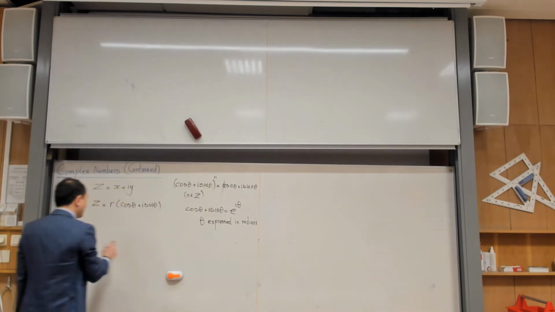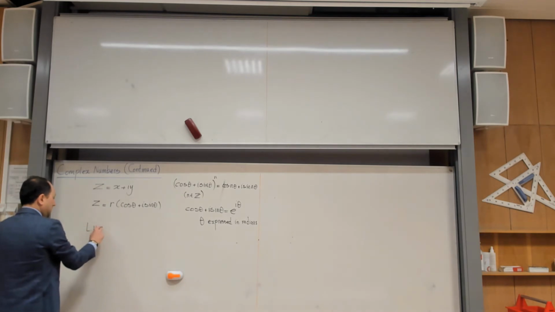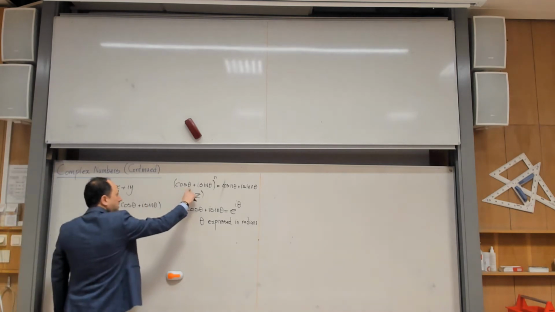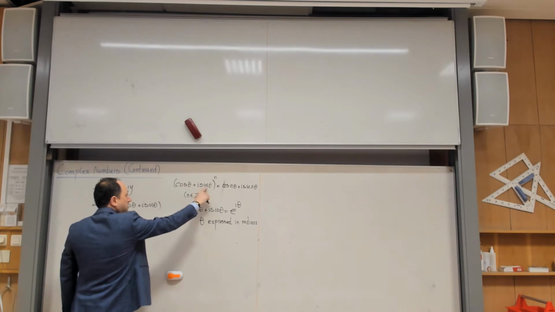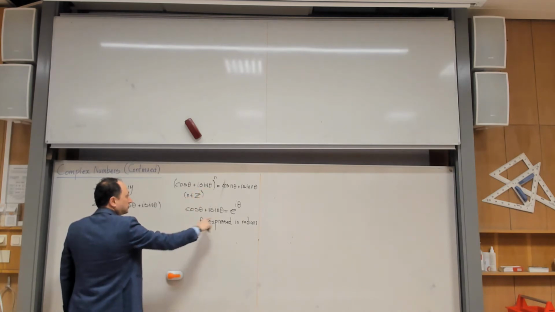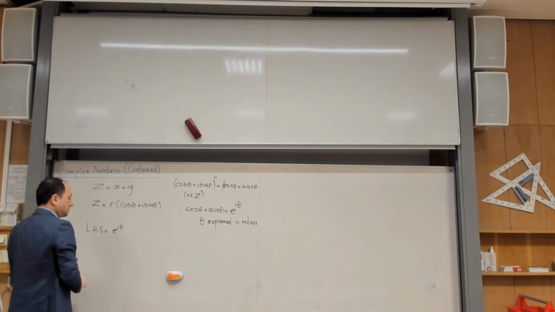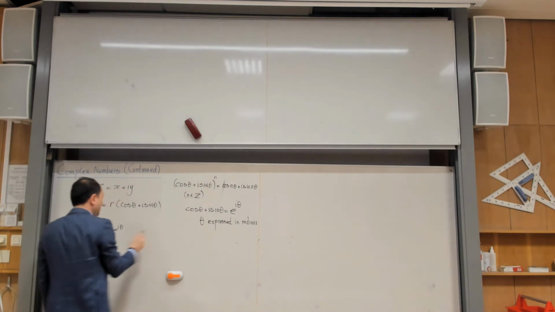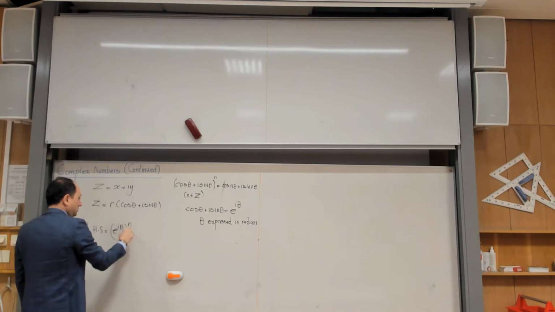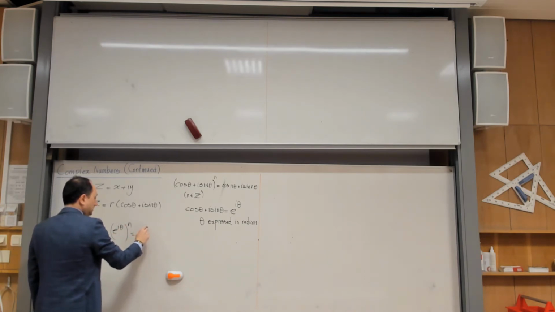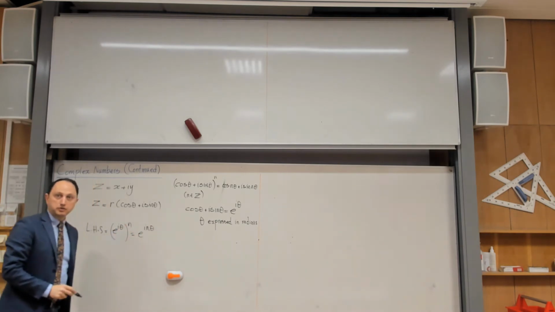You start from the left-hand side. Instead of cosine theta plus i sine theta, I will write e to power i theta. And then I have a power of n there, so I multiply it here. This becomes this expression.